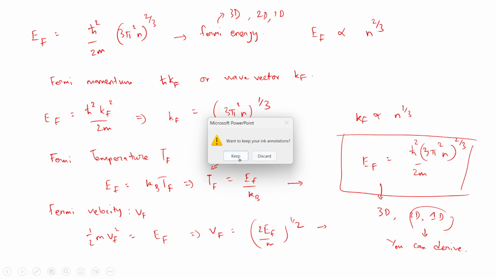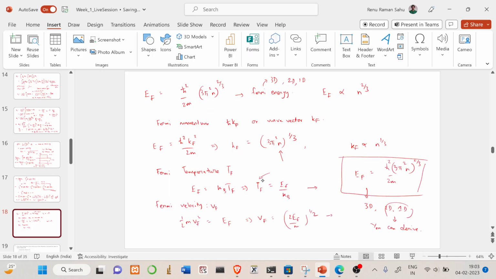So what we have done here is we have defined the Fermi energy. If someone asks how the Fermi wave vector kF is related to the number density n, you can use E equal to ħ² kF² over 2m and this formula.